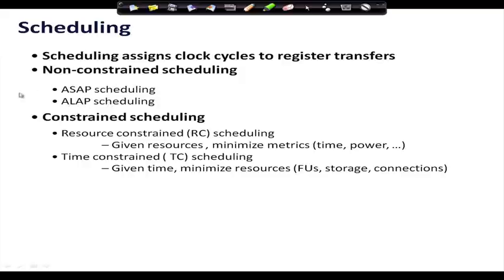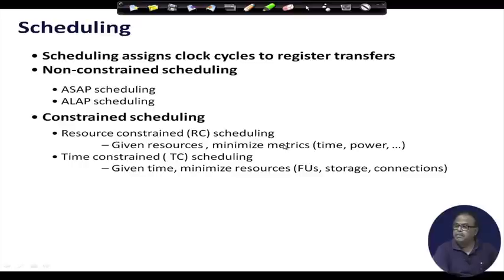All right. We will also see some constrained versions of such scheduling, and we will particularly see two types. One is resource constraint, RC, where given that the number of resources is known, we minimize the metrics, minimize the time and the power, etc. On the other side, there is time constraint scheduling, where given the time, we minimize the resources.